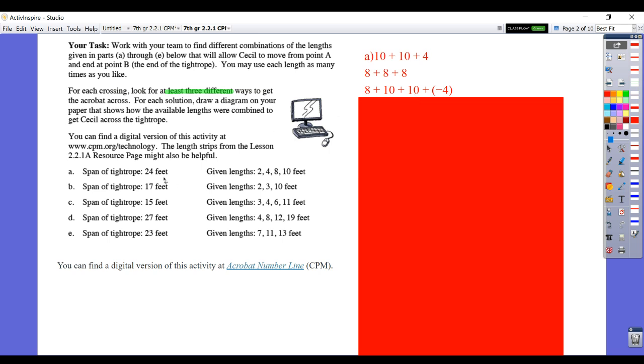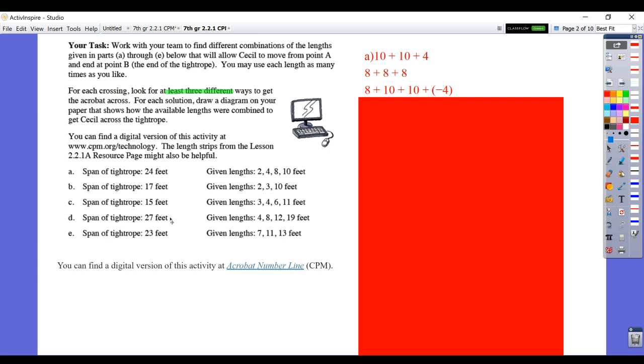But since we want him to only go 24 feet before he's going to go and take his bow and go down the ladder, we would have to add a negative 4. So again, when they give you these lengths, you can use positive or negative. So 8 plus 10 would put him at 18, plus another 10 would put him at 28, plus a negative 4 would put him at 24, which is what we want.